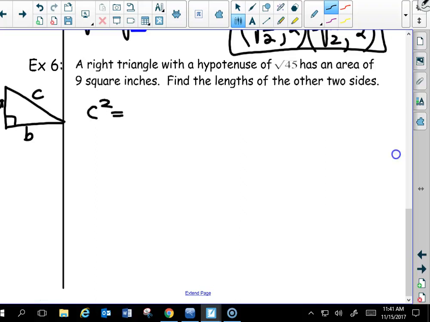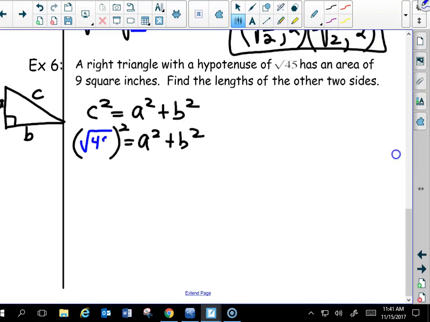C squared equals A squared plus B squared. And they tell us that the hypotenuse has a length of square root of 45, which leads to this equation, 45 equals A squared plus B squared.